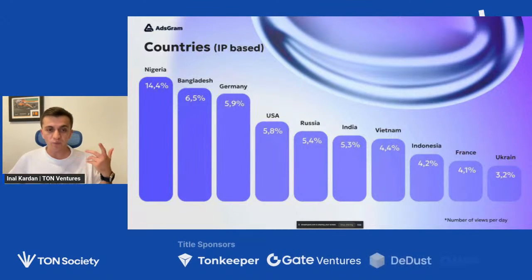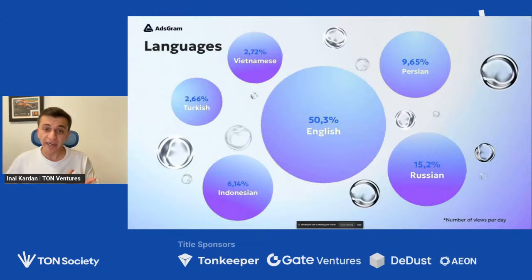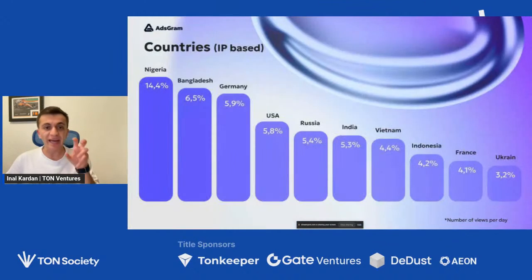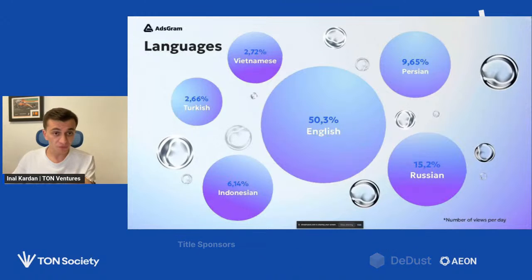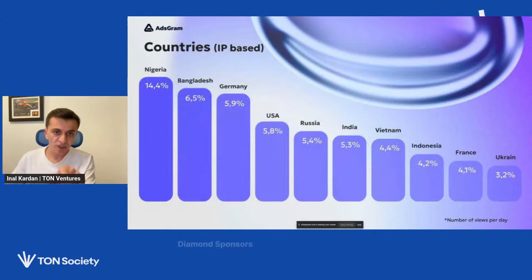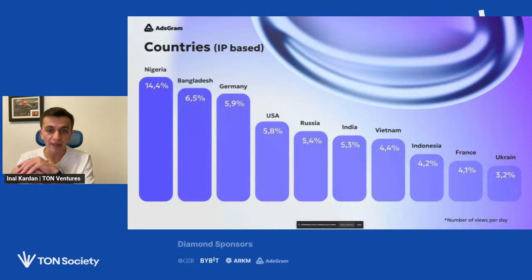Russian was, as far as I remember, number 2 in terms of language, but IP based, Russia is only number 5. Or as you can see, Indonesian is number 3 according to languages, but according to IP and geolocation, Indonesia is only number 8.